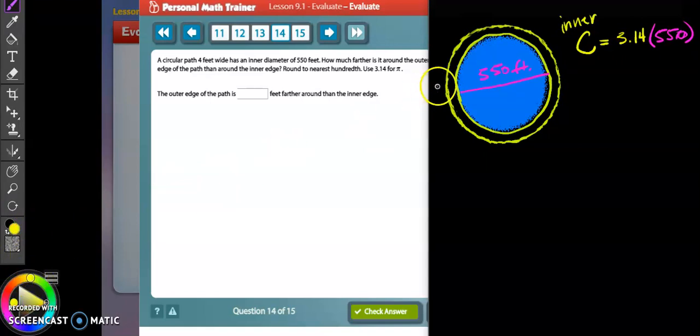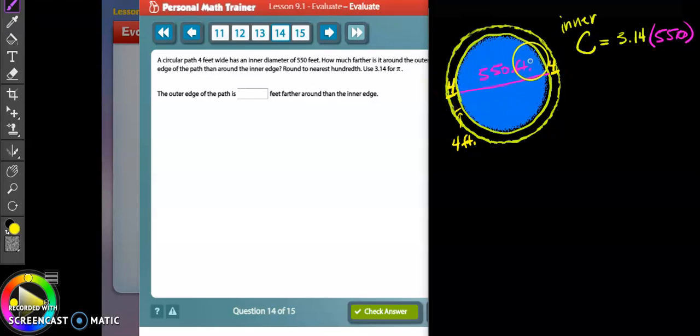And to get the outer circle, let's think here. They're saying this sidewalk is an additional 4 feet. So this width right here is 4 feet. That means you're adding 4 feet here, and this is 4 feet on this side.